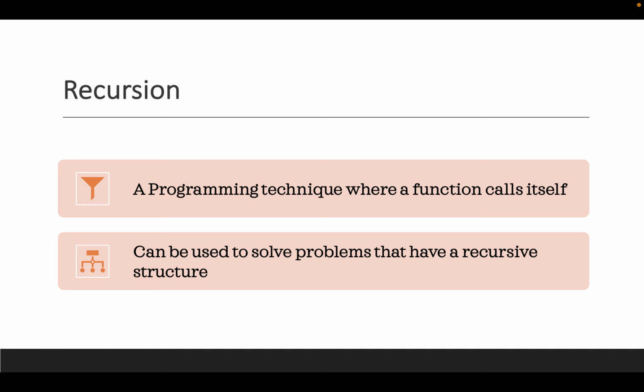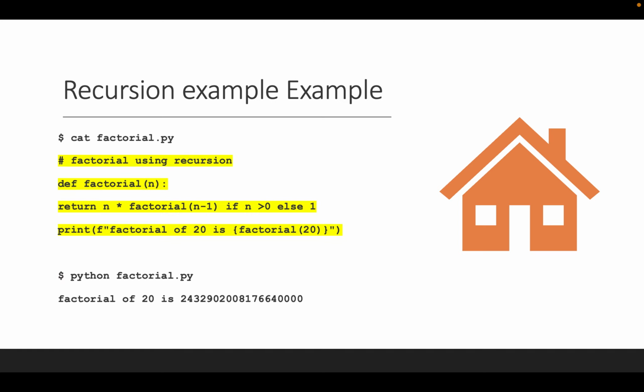That means the problem is progressively reduced to the same problem until the end, where there's an end case. For example, a factorial function. Here we can see where we use recursion, because in the definition of factorial we are calling factorial again.